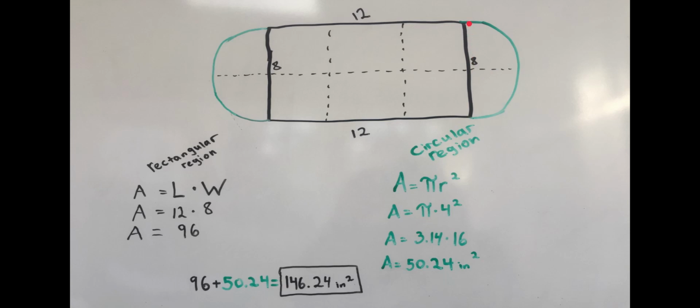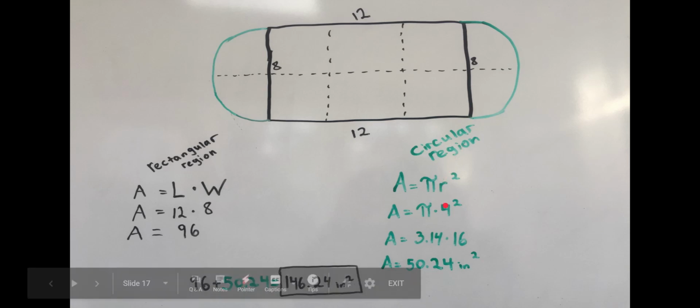We have an 8 going across here. What do you remember about radius? I will tell you. The radius is half of the diameter. So if the diameter is 8, then our radius would be 4. All right? 4 squared is 16.